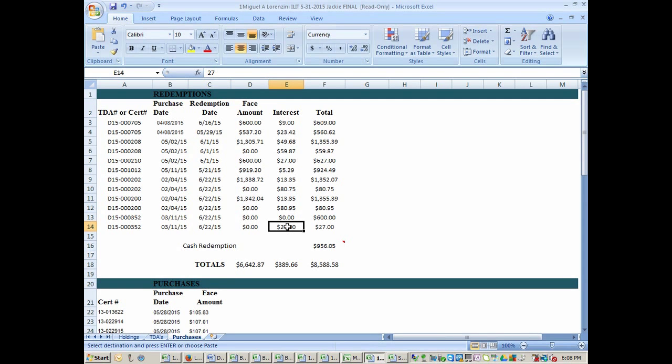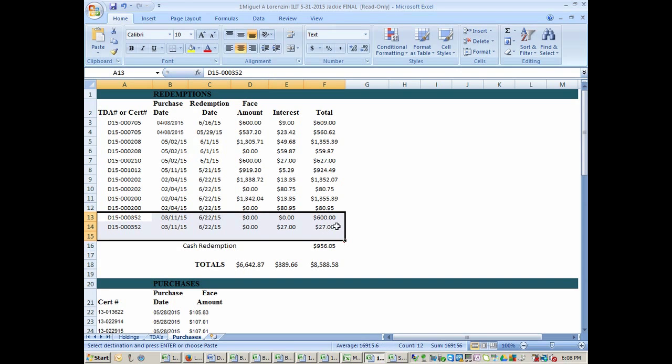And the last thing I wanted to point out to you was with regard to when clerk of court fees are redeemed by themselves, as it was in D15 000352.